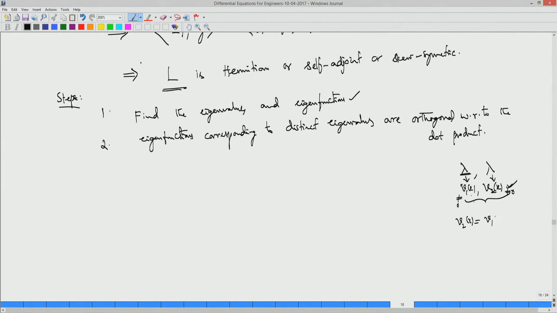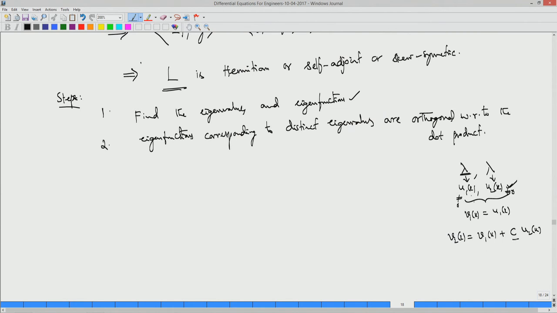Let us call the given eigenfunctions u1 and u2. How do you make them orthogonal by the Gram-Schmidt process? v1(x) is u1(x). Similarly, v2(x) is v1 plus some constant C times u2, where u1 and u2 are known.